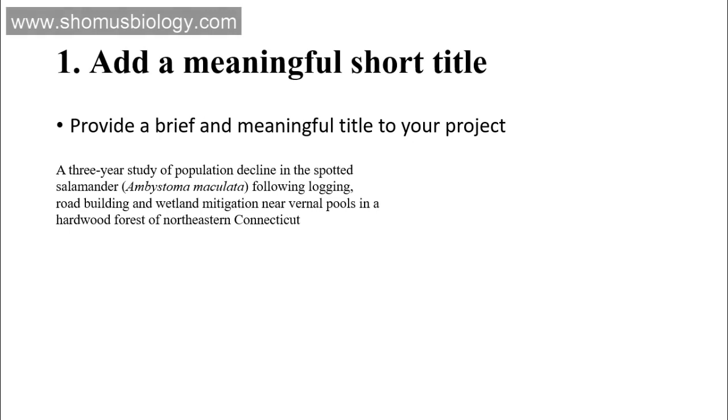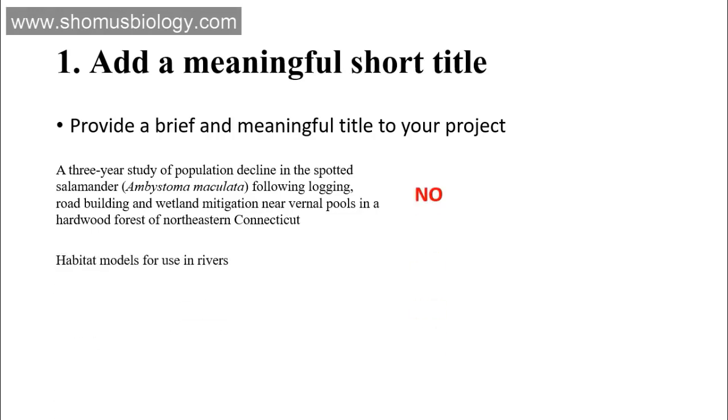This is a huge title. It's not a title, it's a paragraph. You should not make a title into a paragraph. Your title should be to the point, short and meaningful. So this is an absolute no.